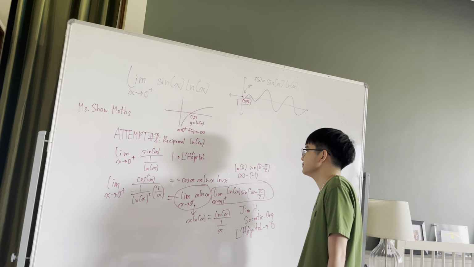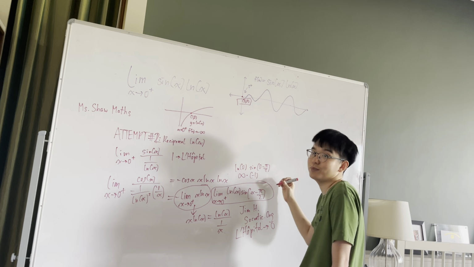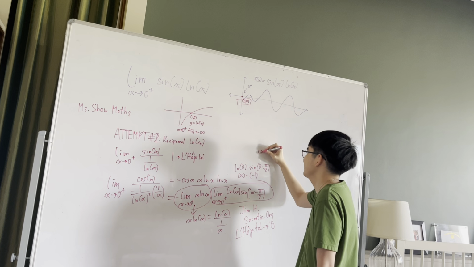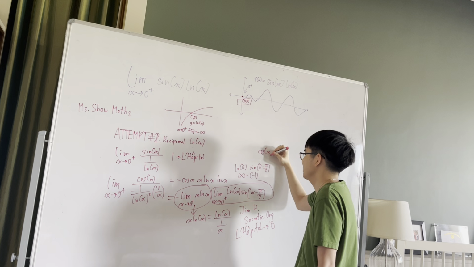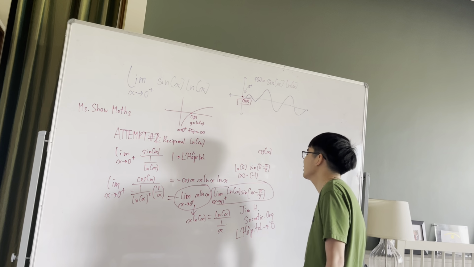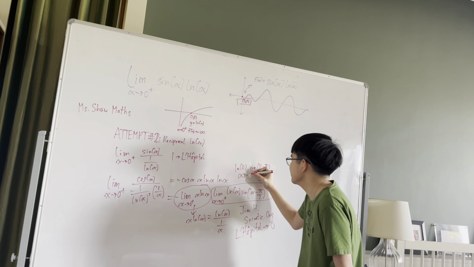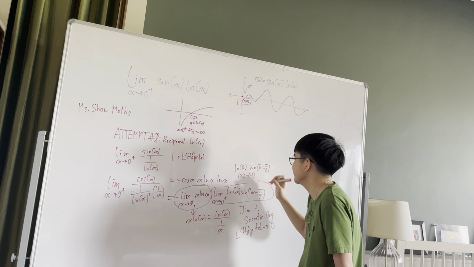Now, it's not necessarily an indeterminate form, but if we had this as cosine of x, it would be 0. Oh wait, no, cosine of x goes to 0. Yeah, it would be 1. Yeah, no, this whole thing is infinity, and this thing is minus 1. Yeah, that's good.